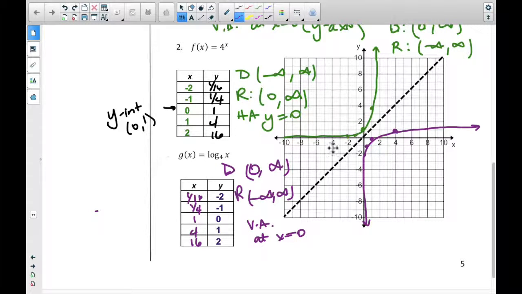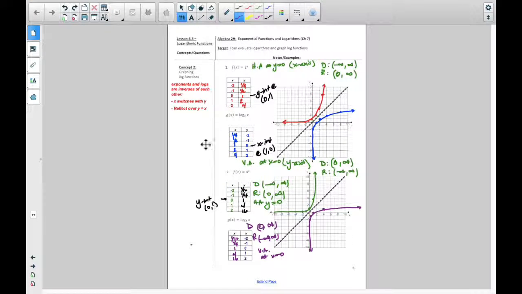So these two examples were very, very similar. And that is the way it works. And so all of our exponential functions will have a y-intercept at 0, 1, and then they'll go up from there on the right and down on the left, as long as they have a base greater than 1. And then our log function will just be flipped over, and all of the information will be flipped.